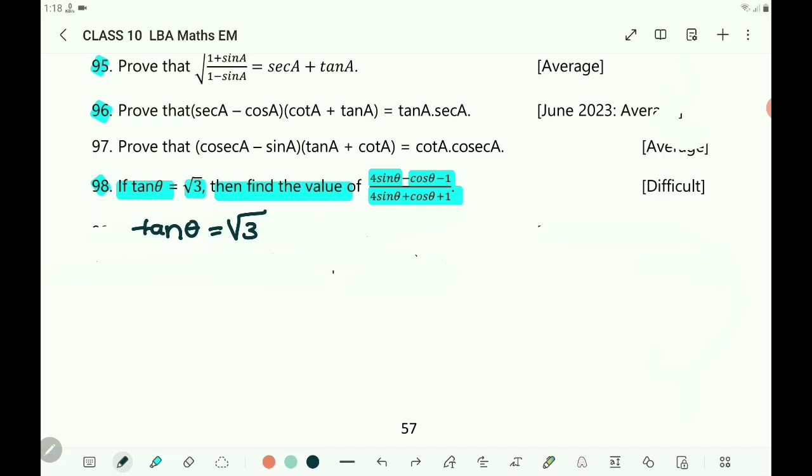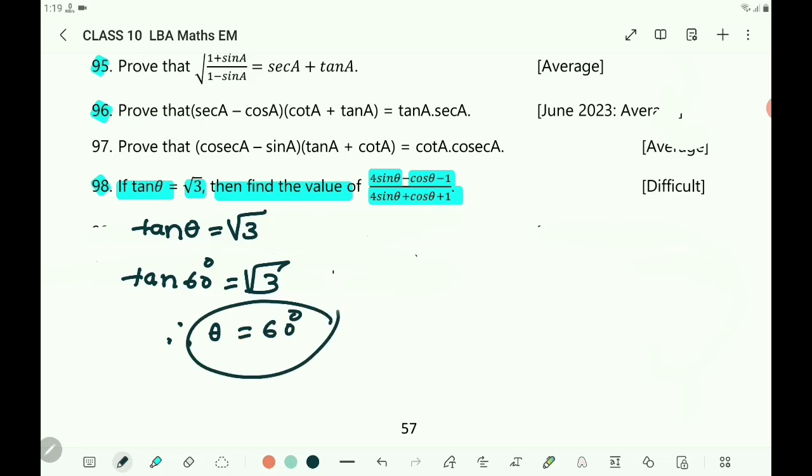How will you get the value of theta? You must know tan how much degree is equals to root 3. Tan 60 degree is equals to root 3. Therefore, theta is equals to 60 degree.